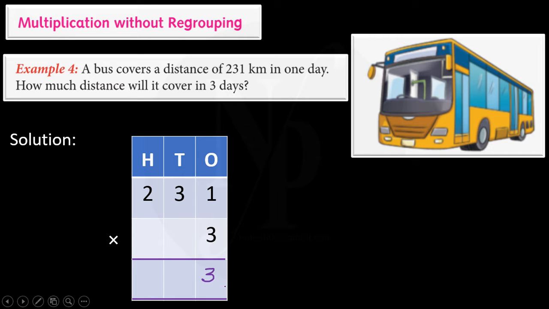And in the second step, we will multiply the digit at tens place by 3. So 3 3s are 9. We write 9 in tens place. And in the third step, we will multiply the digit at hundreds place by 3. That is 3 2s are 6. So we write 6 here.